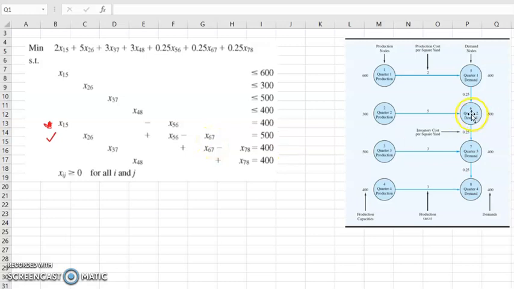The reason is that node 5 is the first quarter node. There is no previous node to get any transfer from, so for node 5 there is no transfer, and only two variables get it done. But for node 6 and node 7 we have transfer from previous quarters.